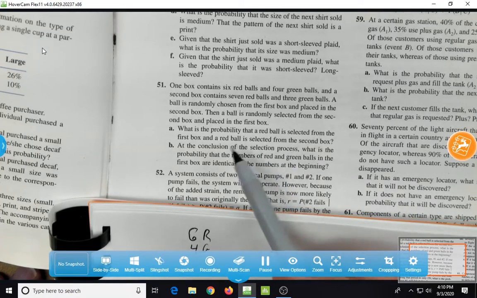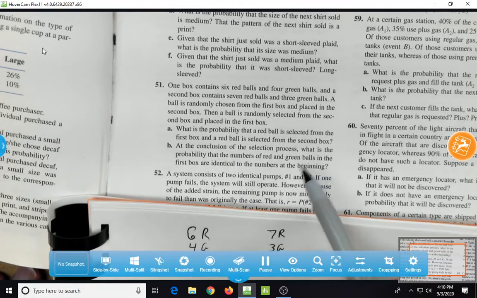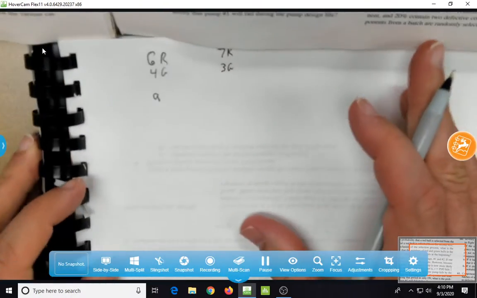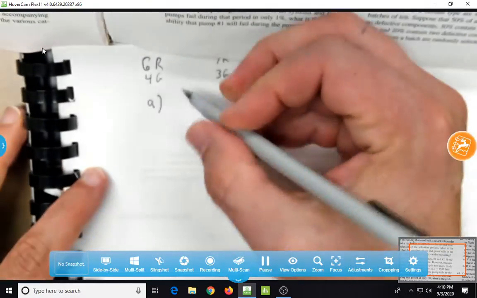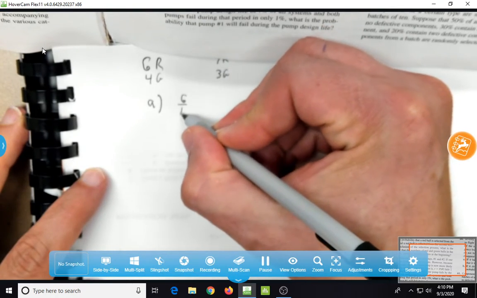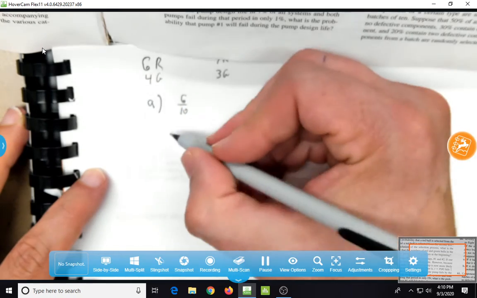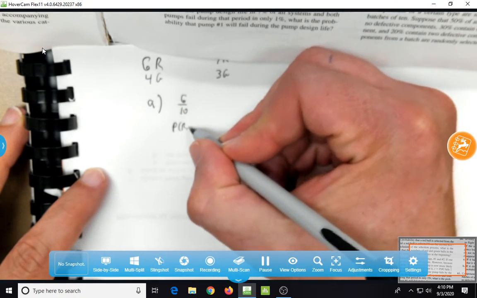So we want to find the probability that we select a red ball from the first box and a red ball selected from the second box. So for part A, I have a 6/10 chance of picking out a red ball first. So this would be the probability of red 1, let's say.